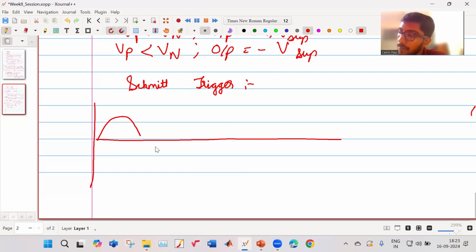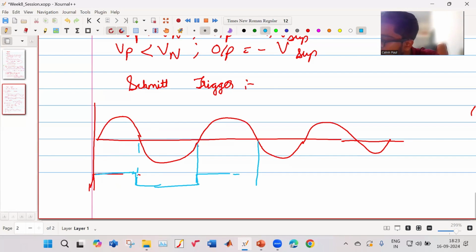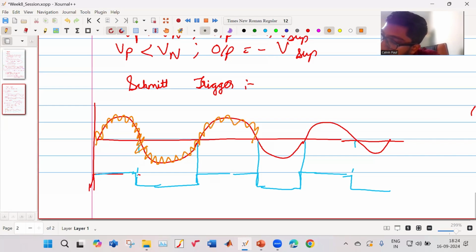So if this is our signal, it is going like this, and then we convert it to high, low, high, low, high, low, etc. But if there is some sort of noise in my signal, then what will happen is, it will become a signal which was going like this.